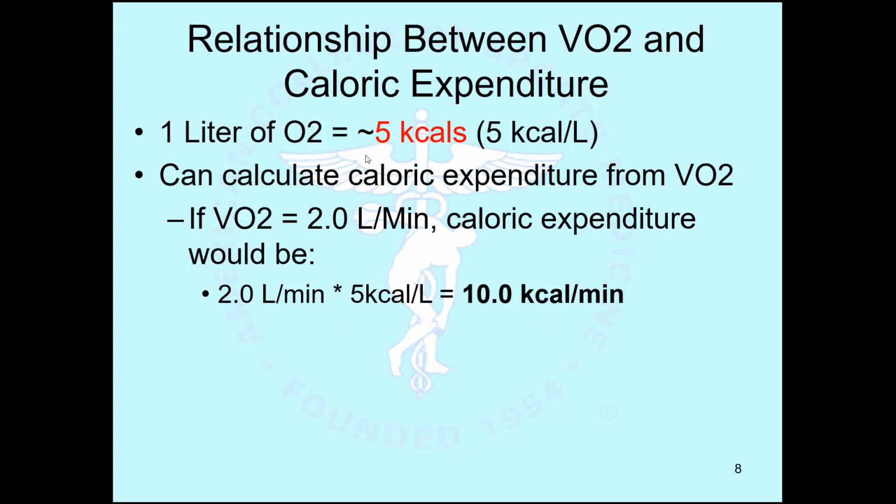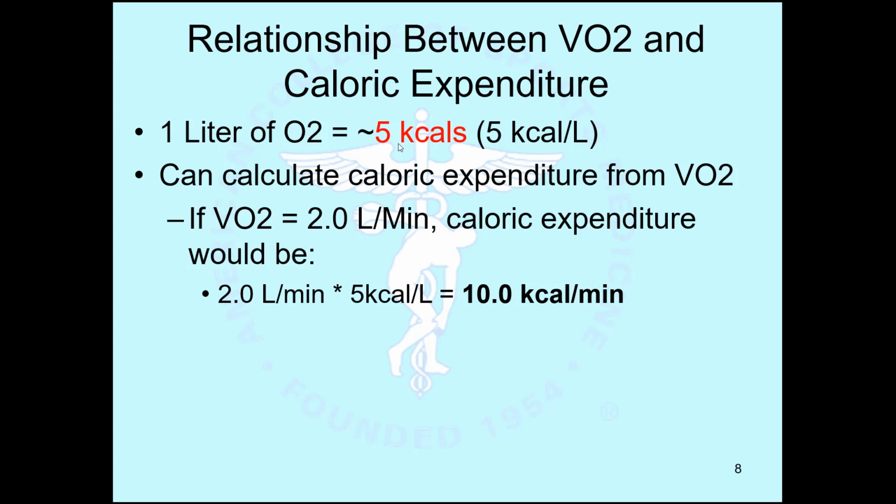Back to that topic, it's not really overly important, but you may see in the textbook that some people use a number that's a little less than 5. It has to do with what substrate you're using, so fat versus carbohydrate. Carbohydrate is a little bit more efficient, so it's going to give you about 5 kcals per liter of oxygen consumed, whereas fat is a little less efficient, and it's going to give you about 4.68 in that ballpark kcals per liter.